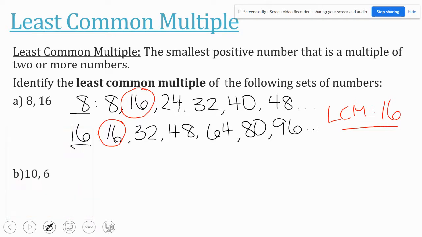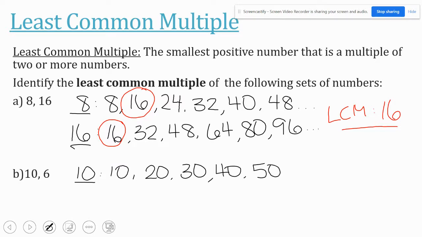Okay, we're going to do the same thing with 10 and 6. So I'm going to list all the multiples of 10. We have 10, 20, 30, 40, 50, 60, and so on.